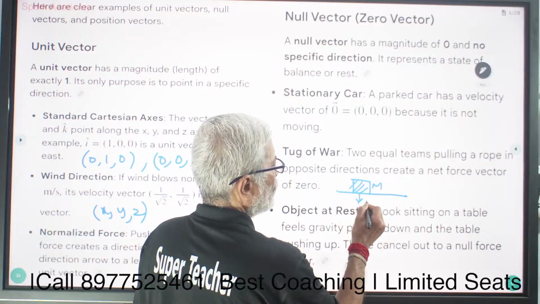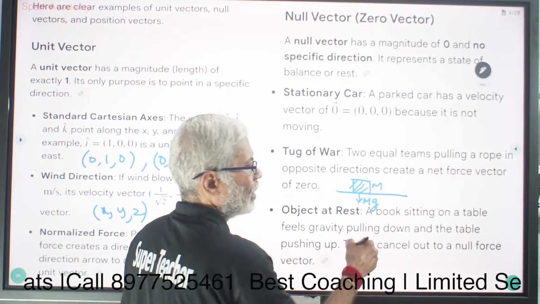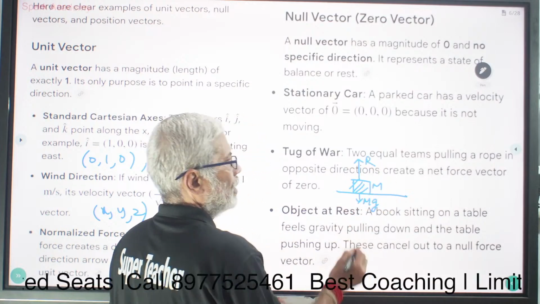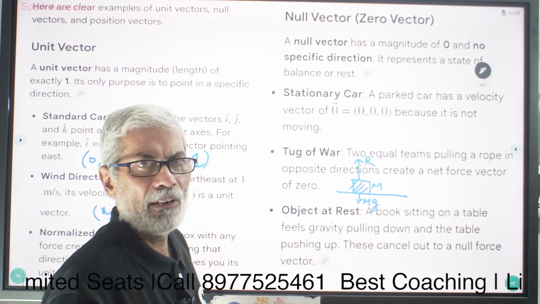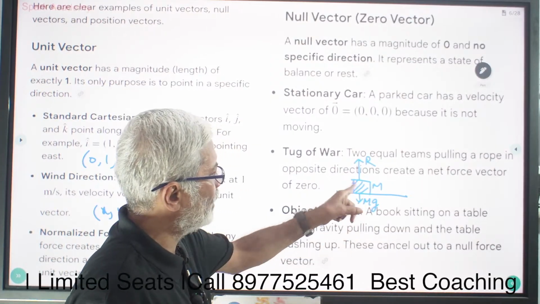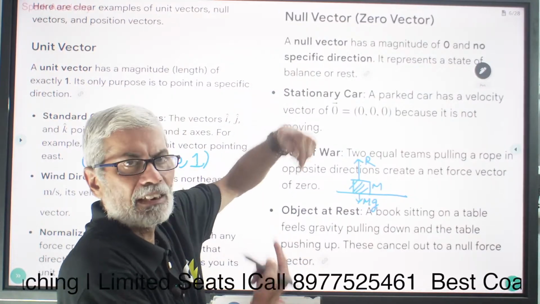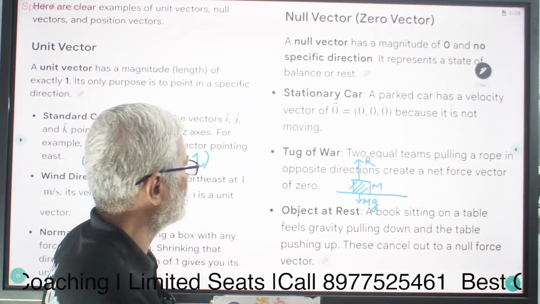Its downward force will be mg, acting in the downward direction. It will be balanced by the normal reaction R. So the book will be at rest. Even though two forces are acting on this particular book, they are equal and opposite, so they cancel out. That can be an example of a zero vector.